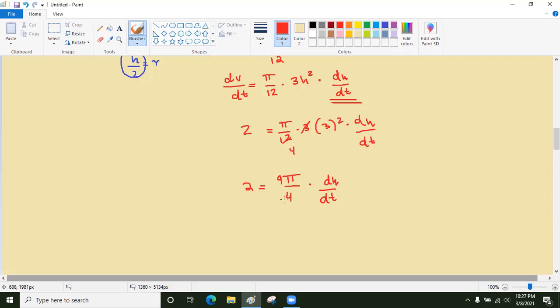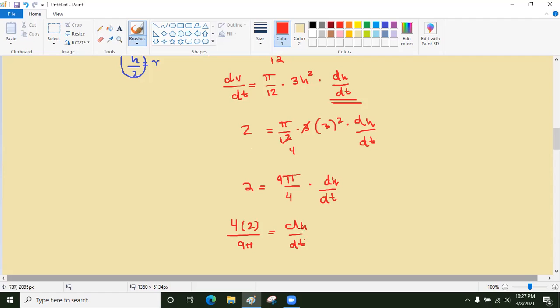And if you divide both sides by 9 pi over 4, you'd have 4 times 2 over 9 pi, which would equal dh over dt.